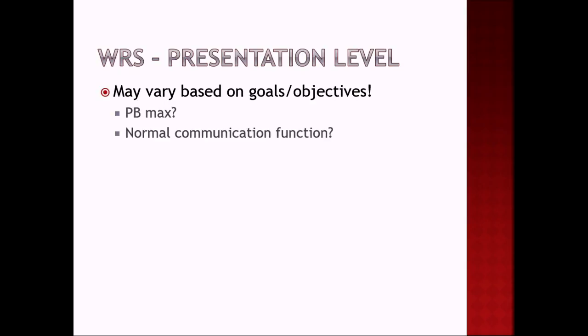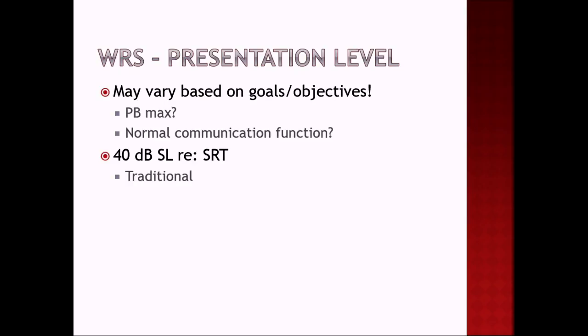Okay, let's talk about word recognition scores. Presentation level is a bit of a controversial issue here. And hopefully you've read the Guthrie and Mackersie article, which does actually a really nice job of summarizing. The level that you want to present your word rec at might vary based on what your goal is.